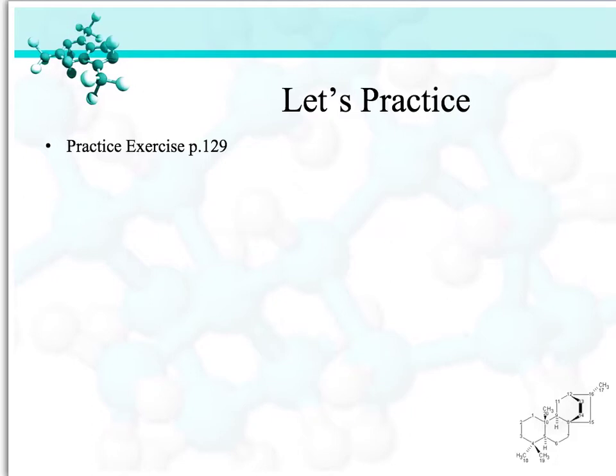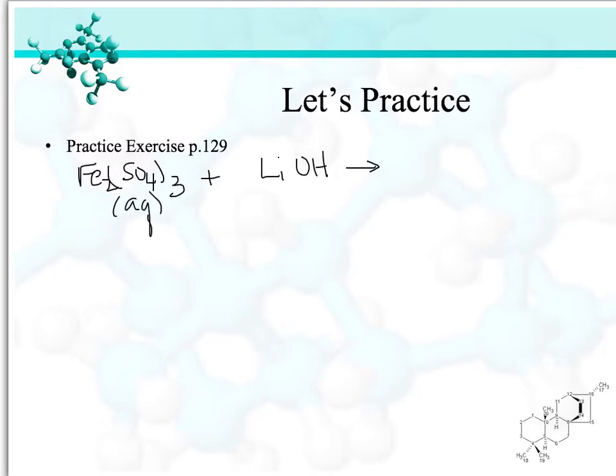So we have Fe2SO4 plus LiOH. All right, and what are we going to make when we combine those? Well, first of all, we would notice that these are going to be solutions, which is what it says in the problem. So you'd have aq after each of those.